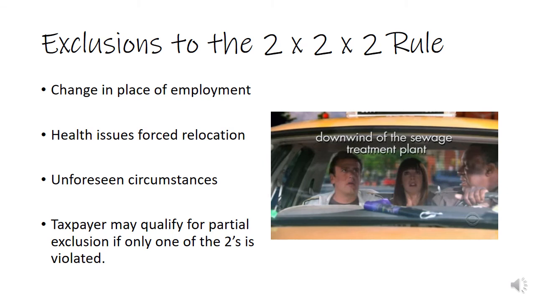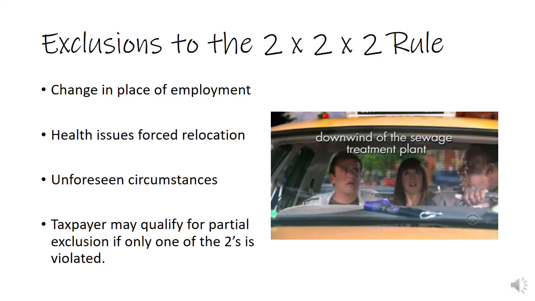Now, what if the taxpayer is forced to move and forced to sell their home and would incur significant economic hardship as a result of the gain incurred on that move? Well, the IRS, in its infinite compassion, put in a couple of exclusions to the 2x2x2 rule, allowing taxpayers to ignore a portion of the gain on sale if certain circumstances are present.